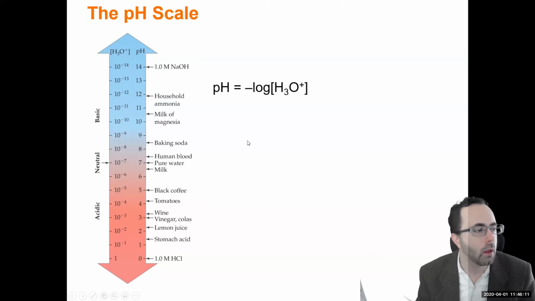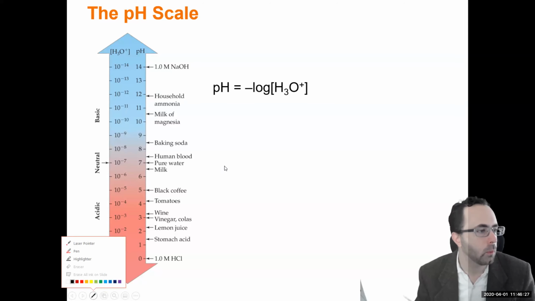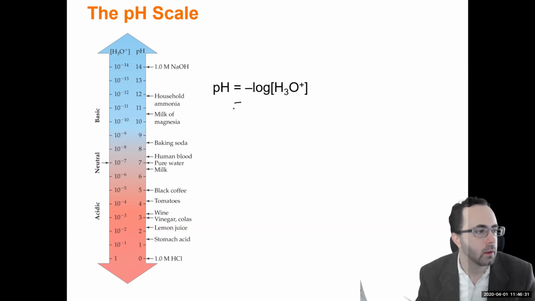So remember that log cancels 10 to the power of something, right? So let's say, for example, we wanted to know what would be the pH if the hydronium concentration is 10 to the minus 6. Well, the pH then would be the negative log of 1 times 10 to the minus 6, or just 10 to the minus 6.